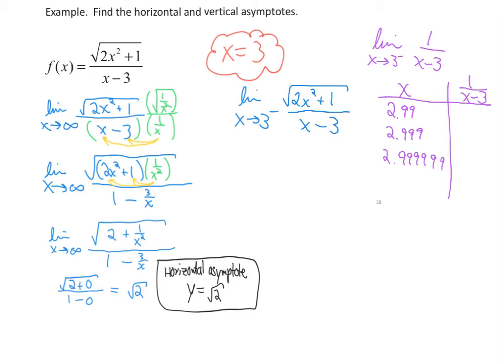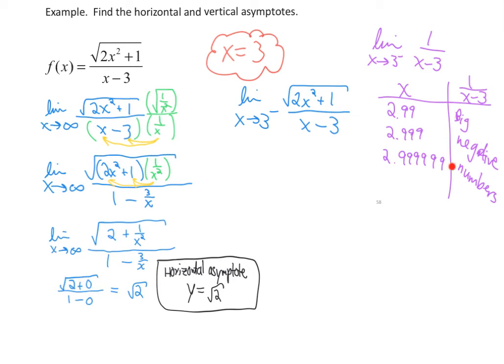These are going to be big negative numbers. If you don't believe me, try typing this into your calculator. Try typing 1 over 2.99 minus 3, 1 over 2.999 minus 3, 1 over 2.999999 minus 3, and see what you get.